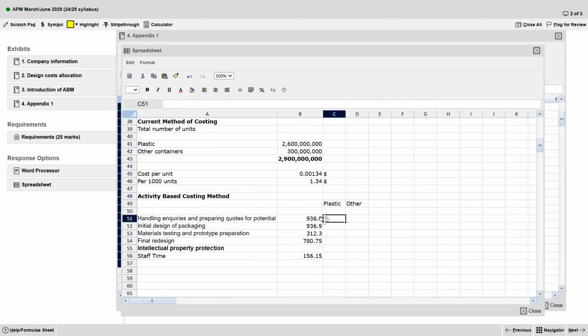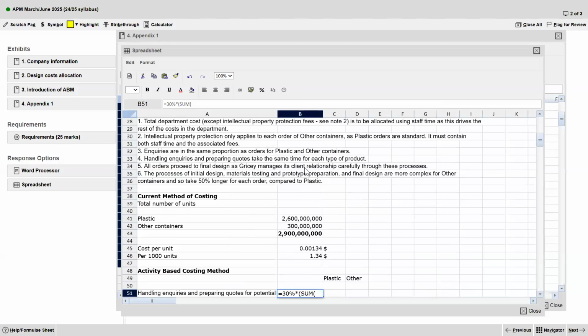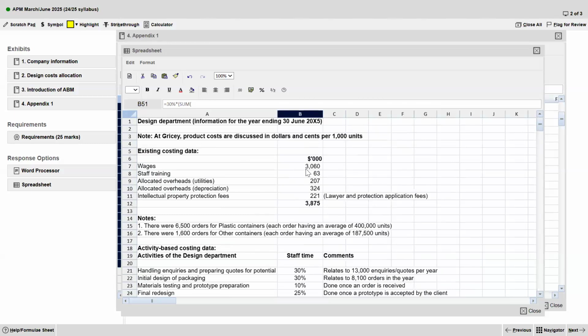So the formula is going to change here. It is going to be 30% multiplied by 30% multiplied by the sum of all this.